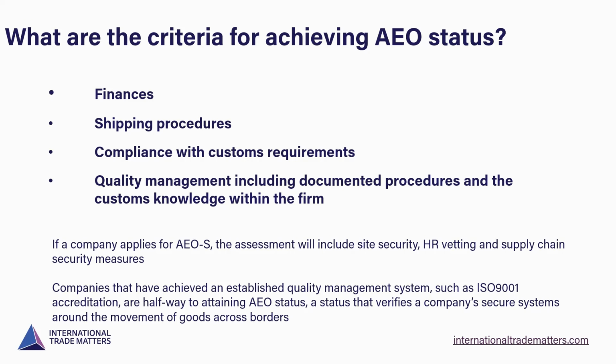So it's all embracing. And I will say this now, if companies have already achieved the equivalent to ISO 9001 standards, you're halfway towards attaining AEO status. And the status that verifies a company's secure systems around the movement of goods across international borders.